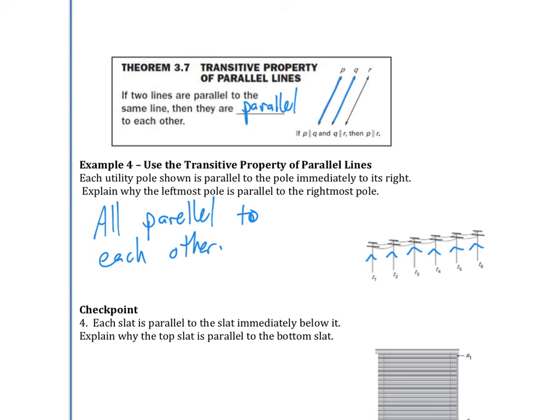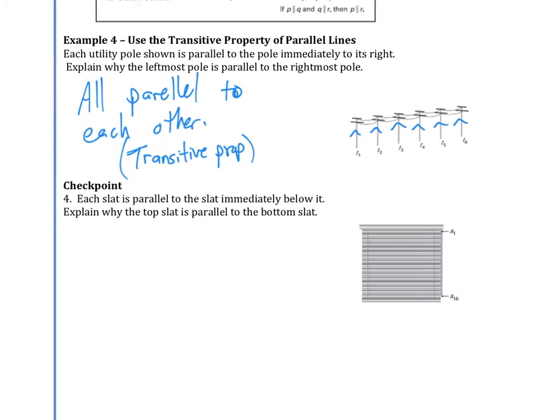Because it's the transitive property. That's our reason. If 1 is parallel to 2 and 2 is parallel to 3, 3 is parallel to 4, 4 parallel to 5, they're all parallel to each other. So that'd be the transitive property.